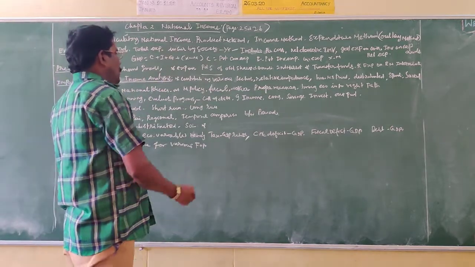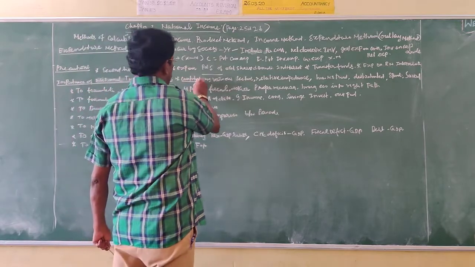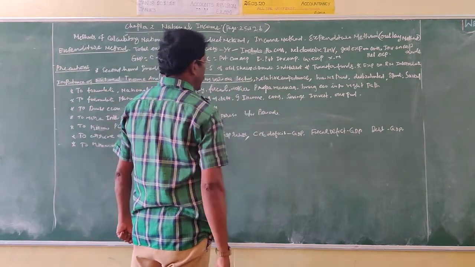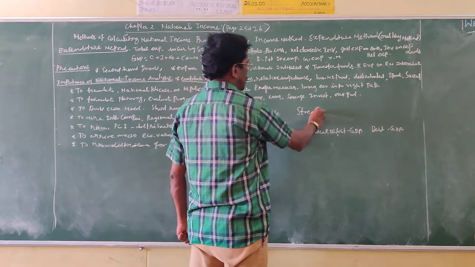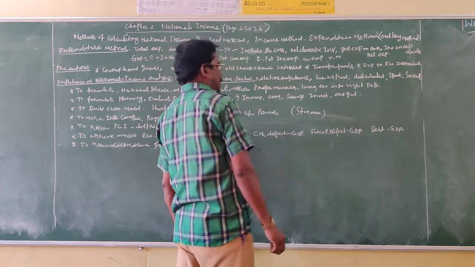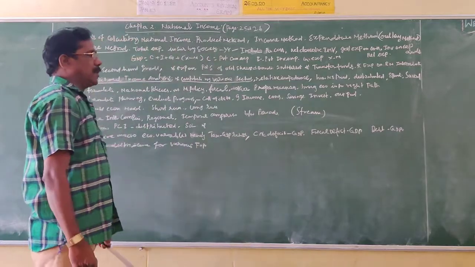Number 1, contribution by various sectors. National income is a stream, and it is composed of various sectors.